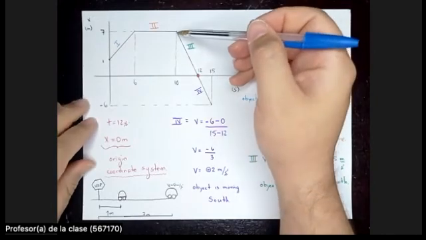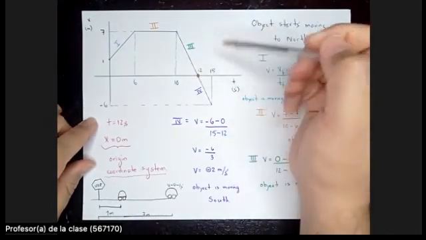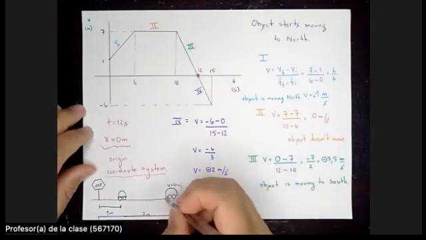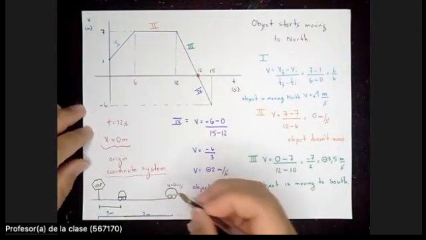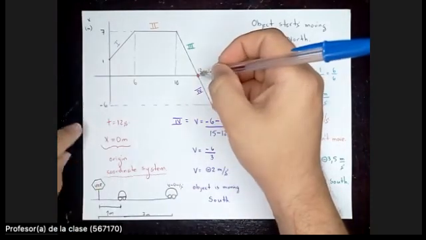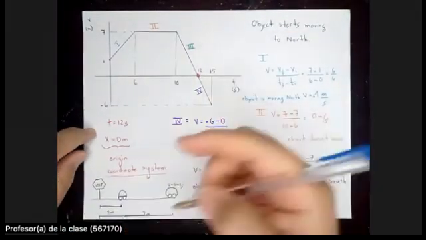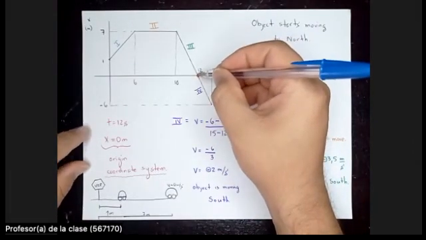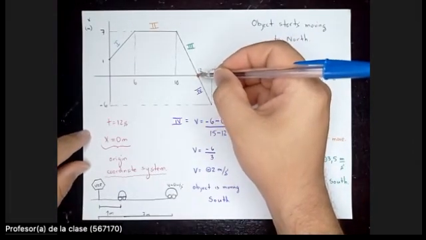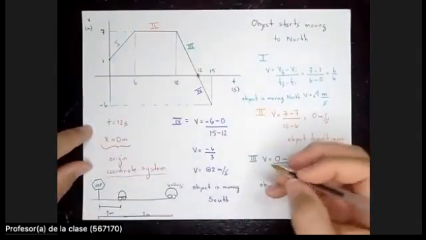That is the meaning of the third interval. So he goes now in the opposite direction, and the object arrives to the stop sign 12 seconds after the initial movement.